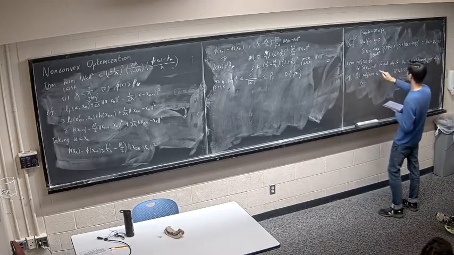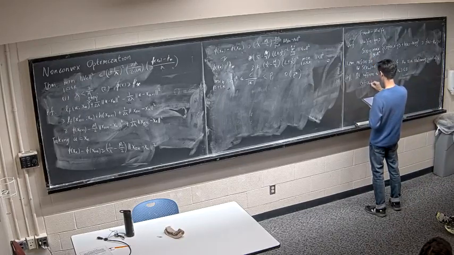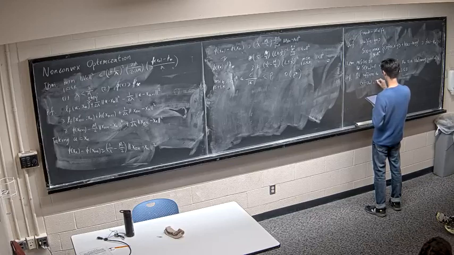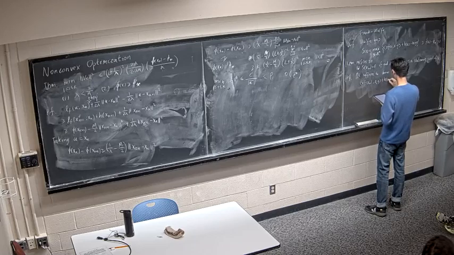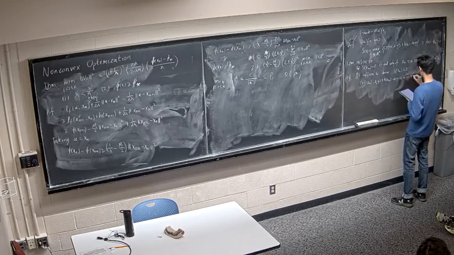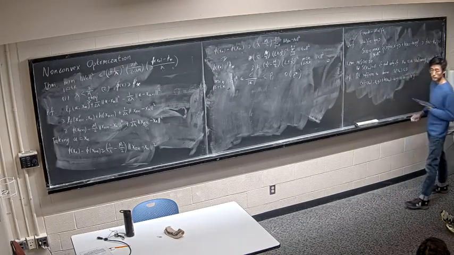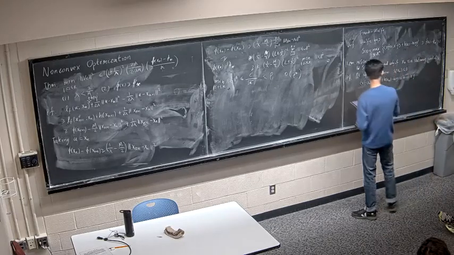Now let's plug in x as x star. This is equivalent to saying S of x star is less than or equal to 0 for any y. And now let's rearrange the terms.